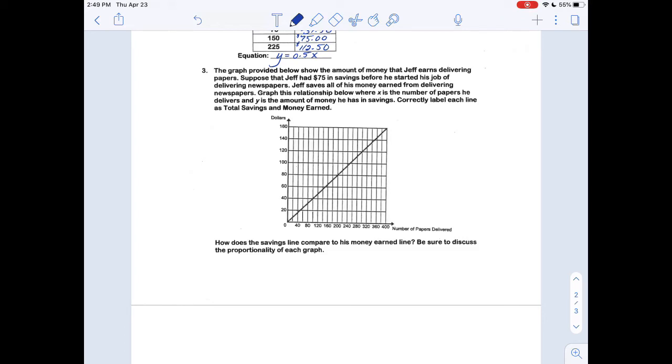So if he starts with $75, he's not starting at a 0 mark. He's actually starting right, well, that's 70. I want 75, so it's going to be a little bit higher. Right in there. There we go. He's going to start at that point.